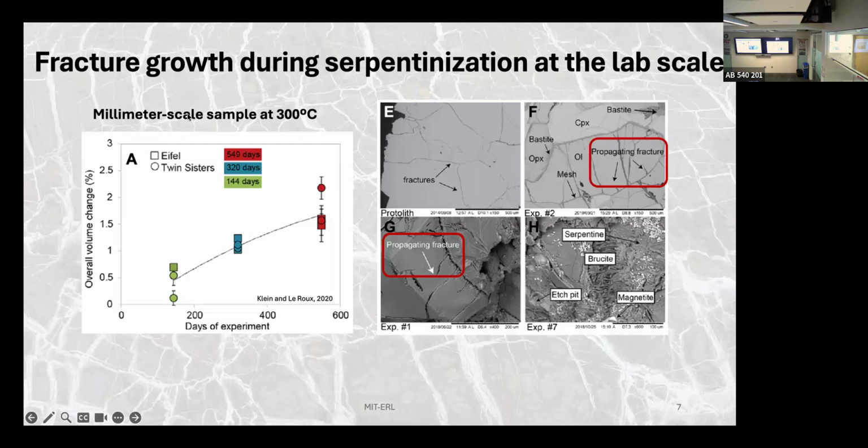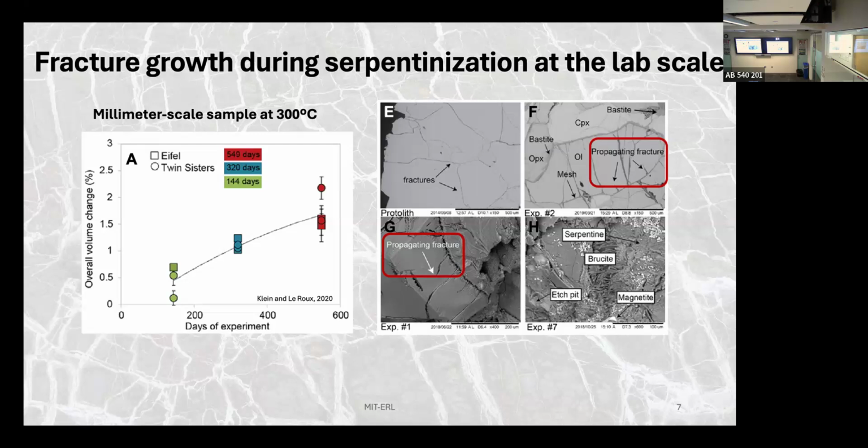However, we need to remind ourselves that these experiments are conducted on millimeter scale samples at a pretty high temperature of 300 degrees C. And this temperature is much higher than the typical peridotite formations that we can access through engineering methods.